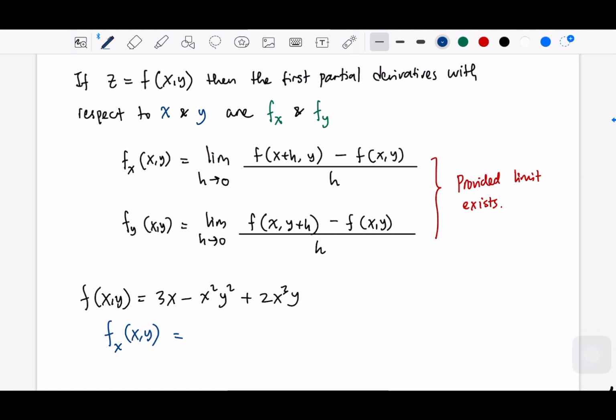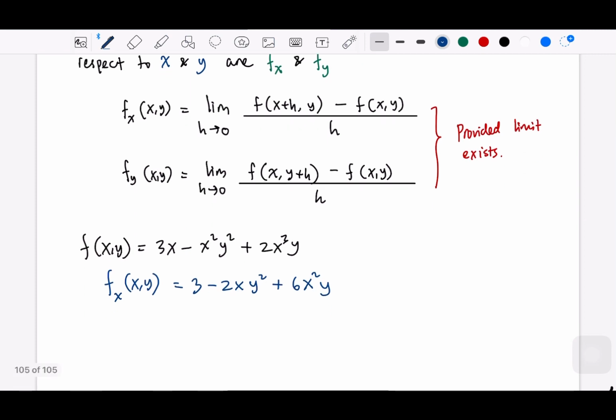So 3x becomes 3, and x squared becomes negative 2x, y squared stays as a constant, and the last part is 6x squared y.